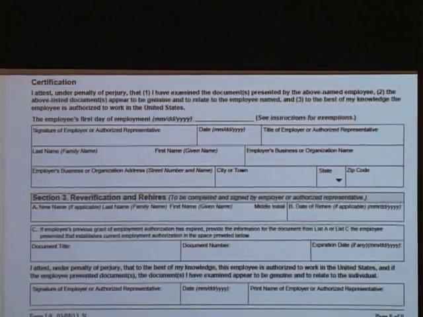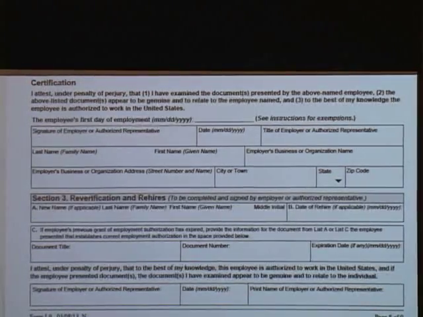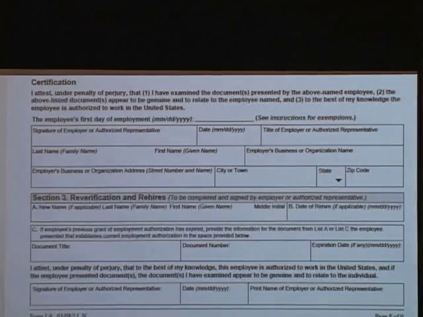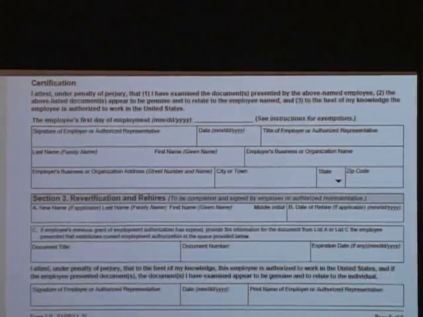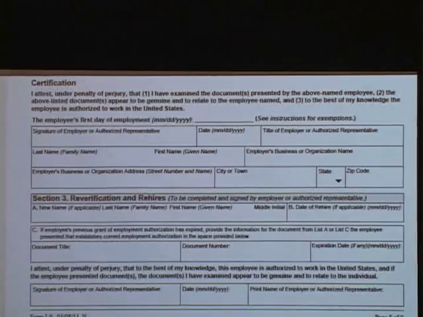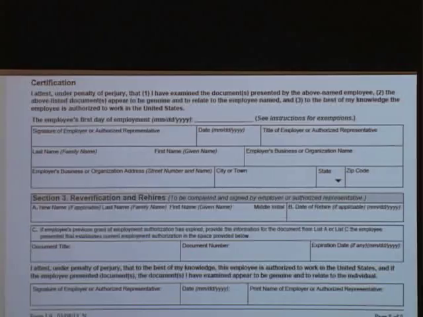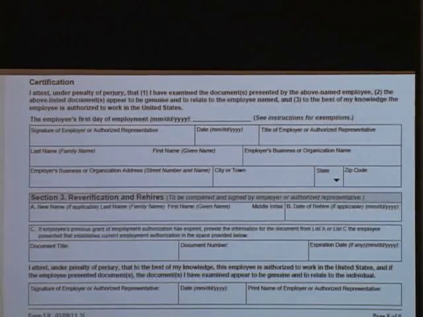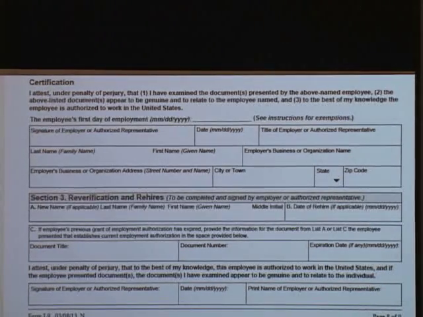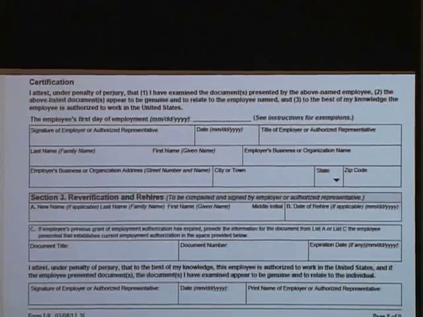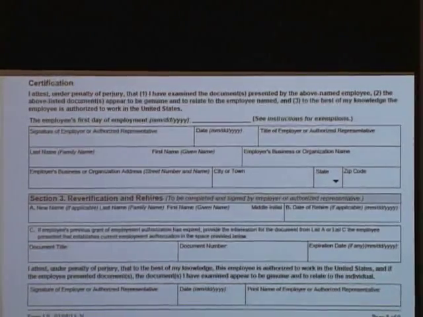Well, it previously read, began employment on. And so now it's more prominently displayed, and it reads now, as you can tell, first day of employment. Even in the prior drafts, I think it had read first pay for wages. Let me find the actual wording: the employee's first day of work for pay.